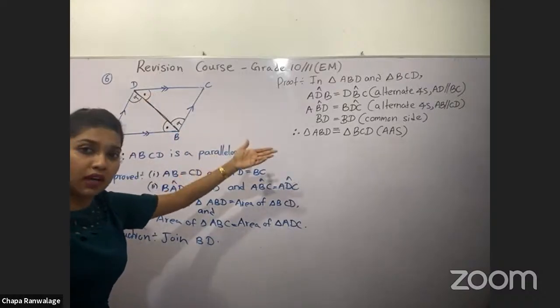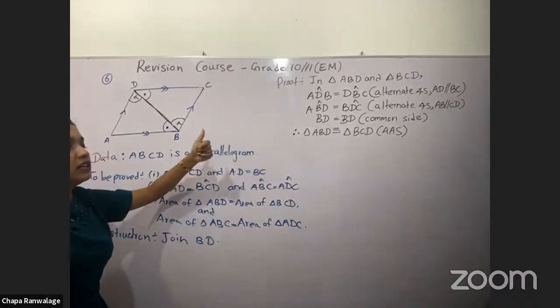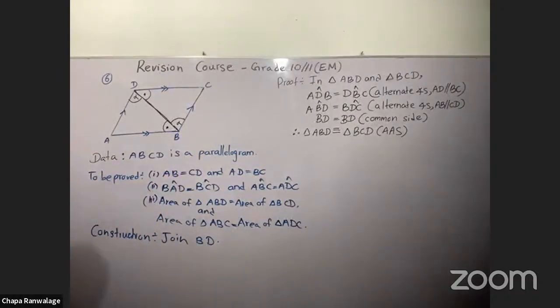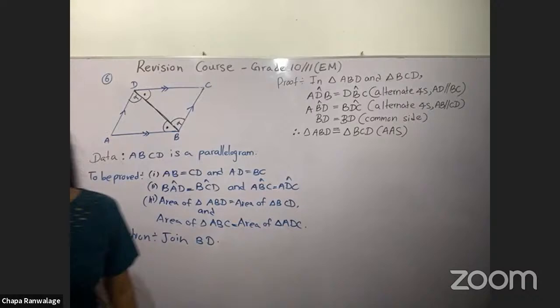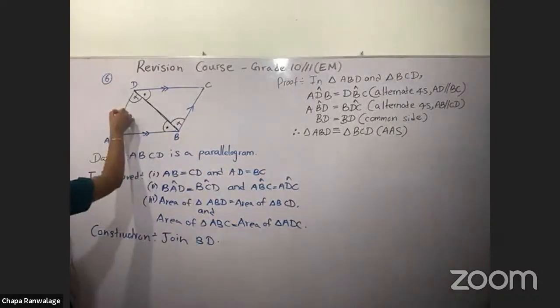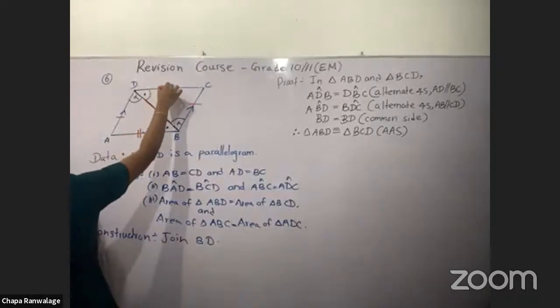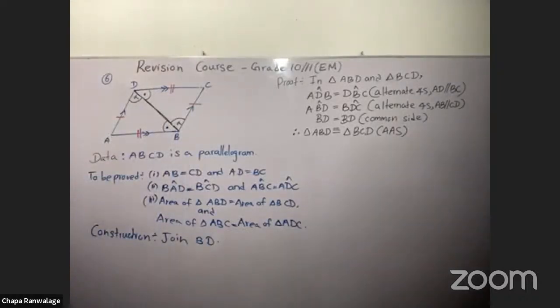Then the remaining are called the corresponding elements. The corresponding elements of congruent triangles are equal. So here you can say this one is equal to this one, and this one is equal to this one. Corresponding elements.